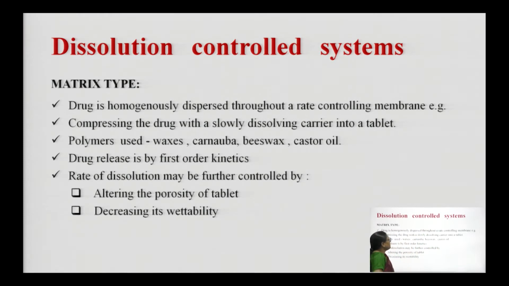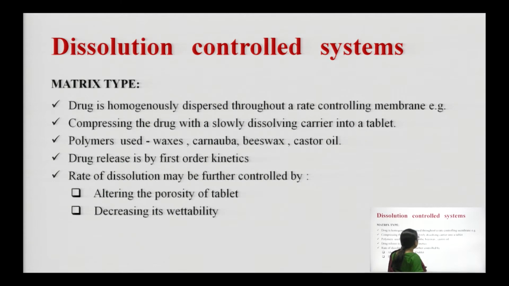An example of this is compressing the drug with a slowly dissolving carrier into a tablet. The simplest matrix type of system is a tablet, which can be made by compressing a highly water soluble drug with some waxy material like carnauba wax or castor oil or beeswax.